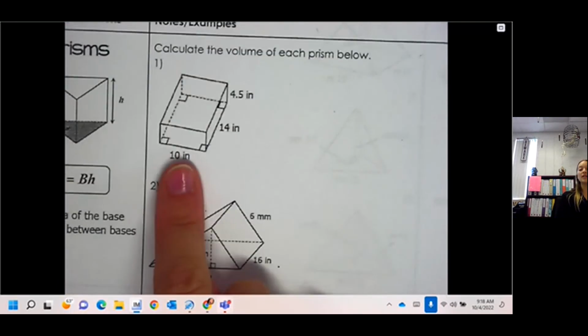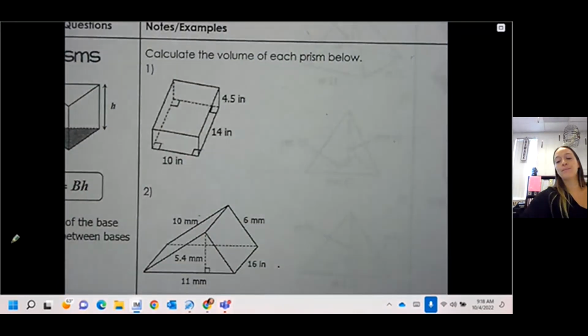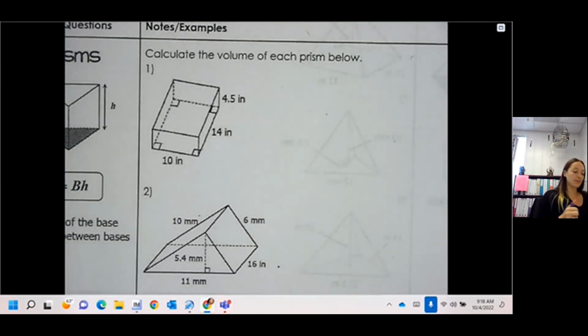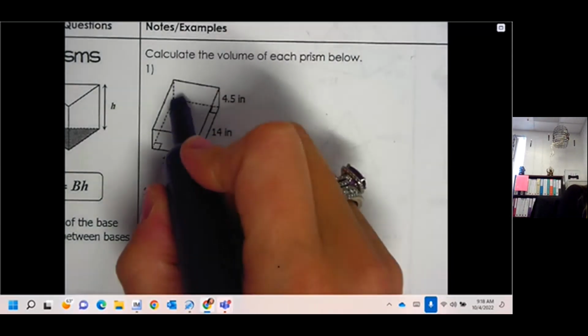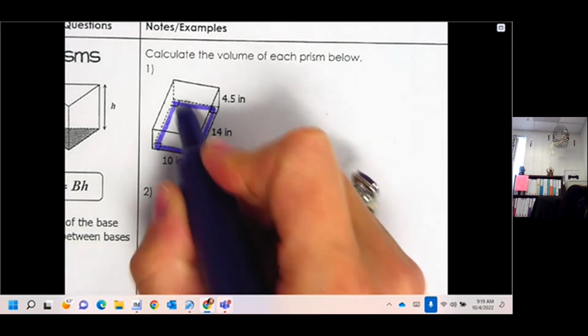So if we take a look at number one, what type of prism is number one? Rectangular prism. Great. So with your highlighter, I want you to highlight the base rectangle, the base shape. And if you don't have a highlighter, you can just shade it in lightly, it's fine.